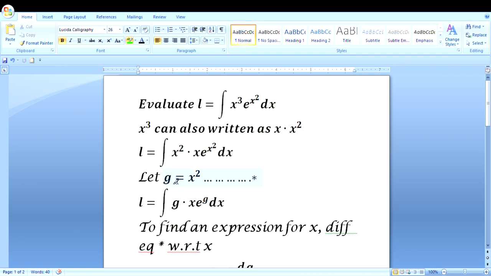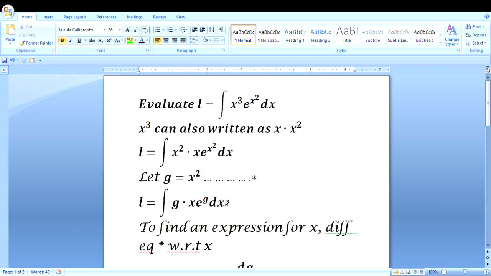by letting g is equal to x squared, so that the integral here becomes the integral of g times x times exponential g dx. So here we are gradually trying to transform all our integral to another variable. It simply means that we need to get rid of x and the dx.